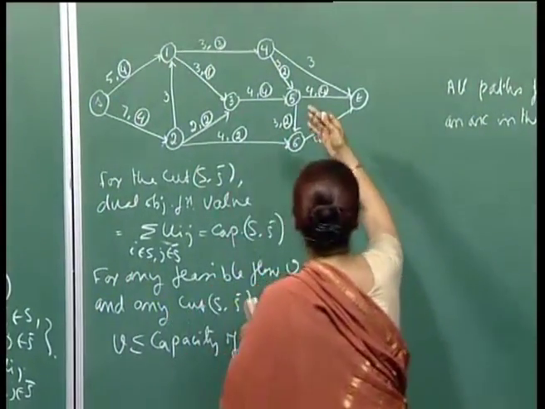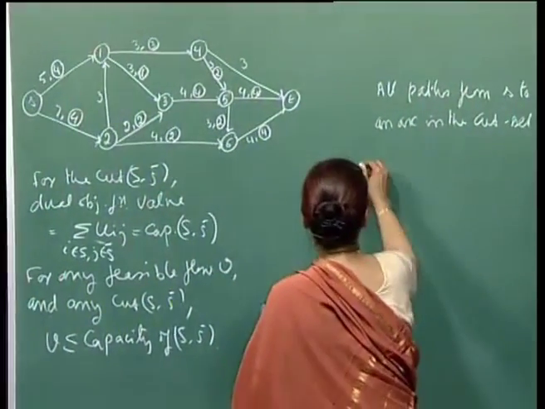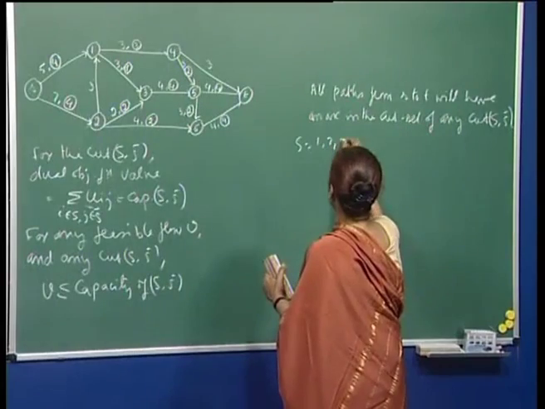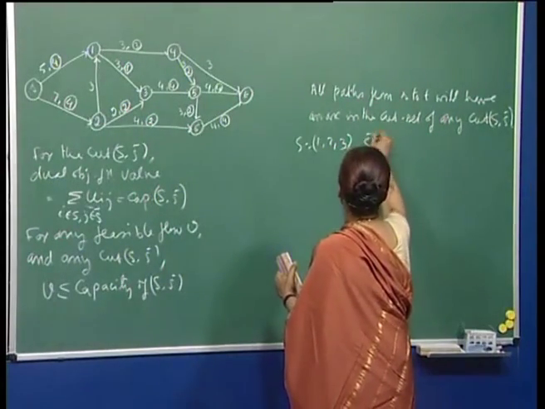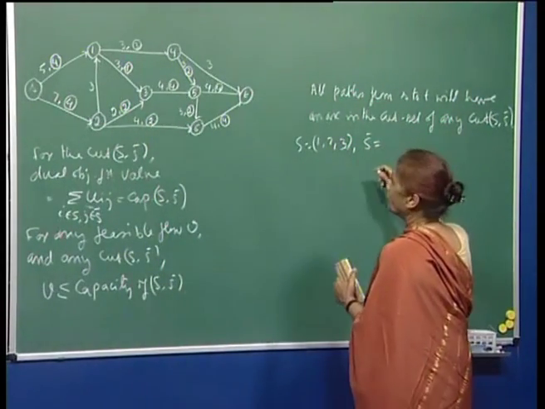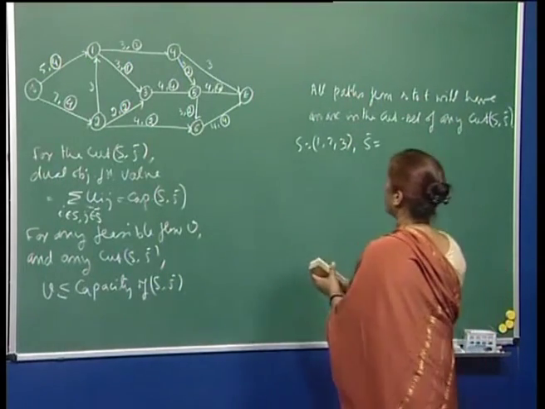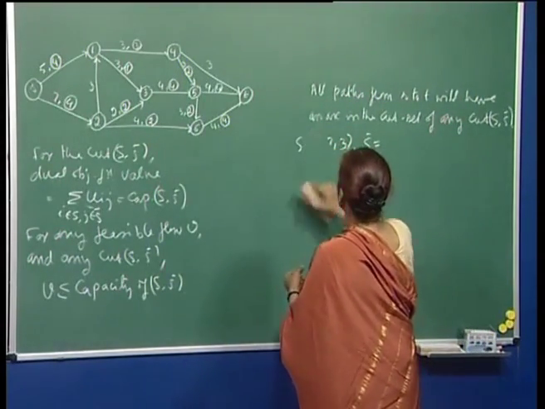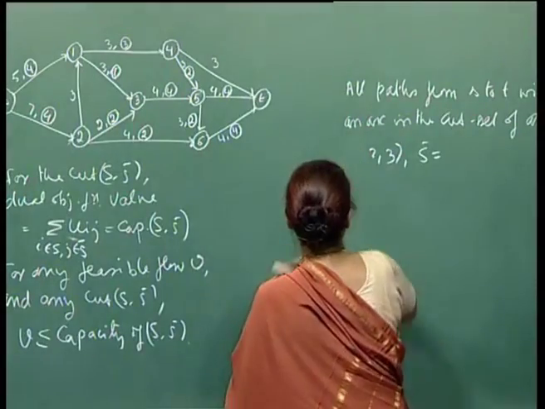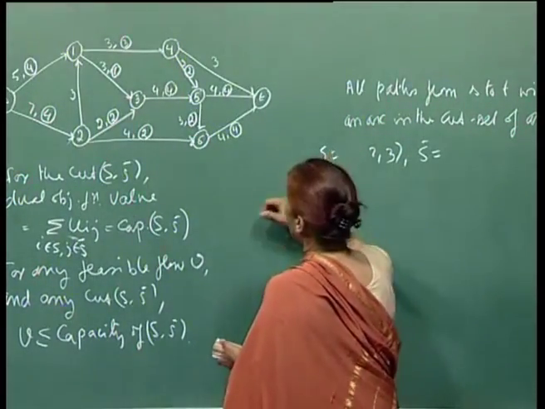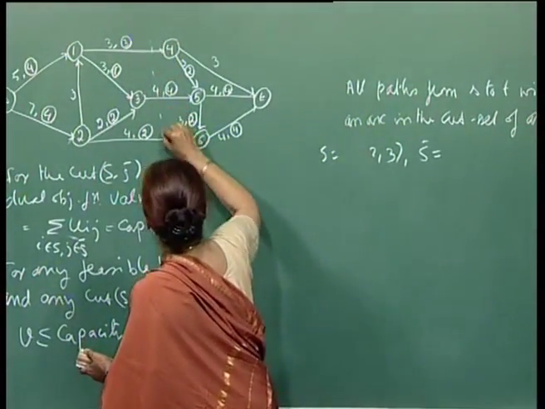So, for example, here if you consider the cut, look at the cut S equal to 1, 2, 3, right, and S bar will be, oh sorry, they should include, so okay, I am taking this as the cut.